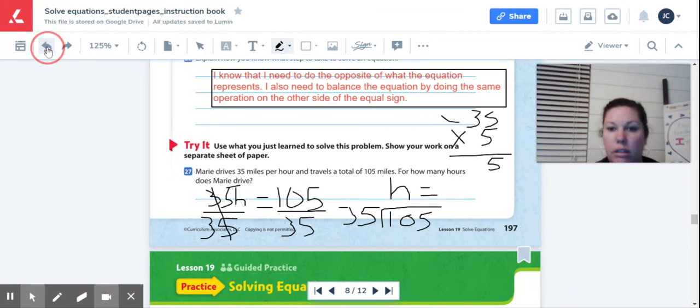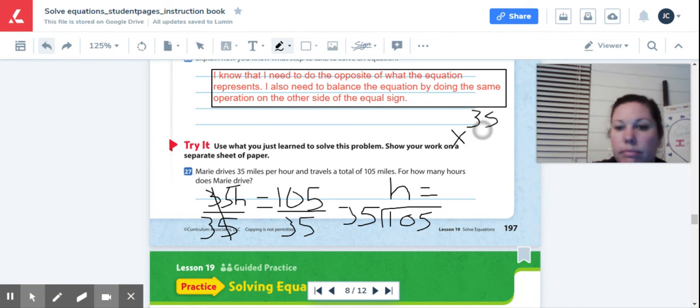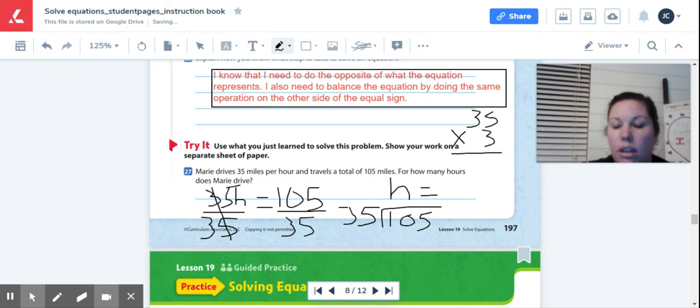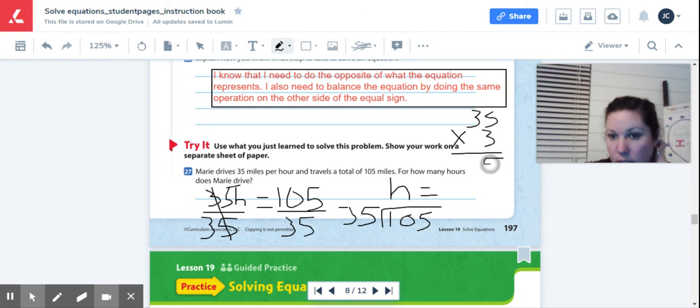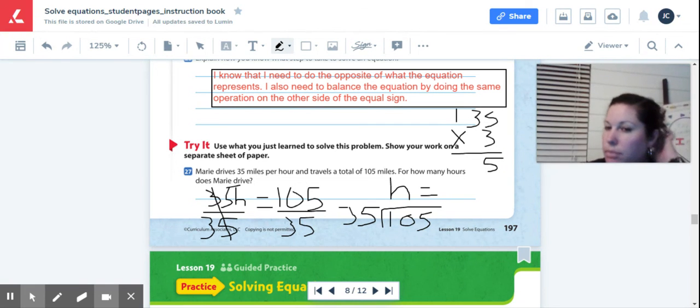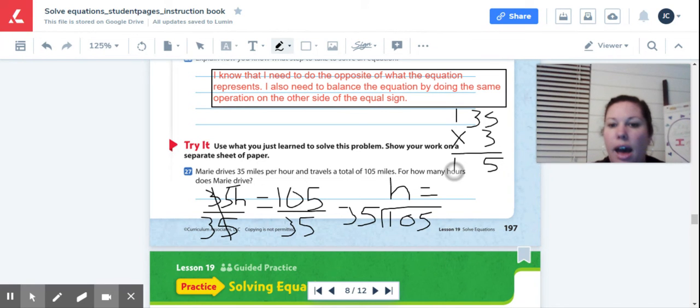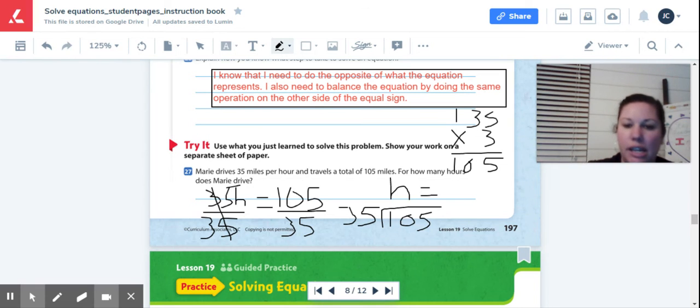Let's try 3. 3 times 5 is 15. Carry the 1. 3 times 3 is 9. Plus 1 is 10. Ah, there it was. It's a 3. And it's exact. So that means that she travels a total of 3 hours. Yep. 3 hours. Okay. Not too bad.